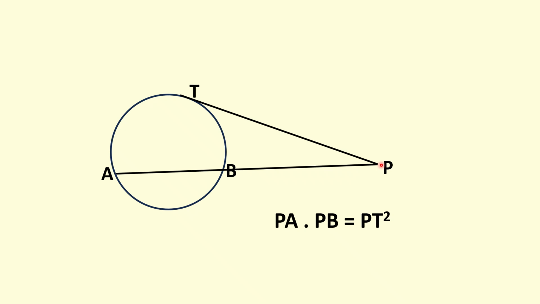And from this point, we have PT, the tangent, touching the circle at one point T. So in this case, PA into PB equals PT square. Length PA from the external point P to A and from the external point P to B, these two lengths multiplied, equal PT square, the length of the tangent square.